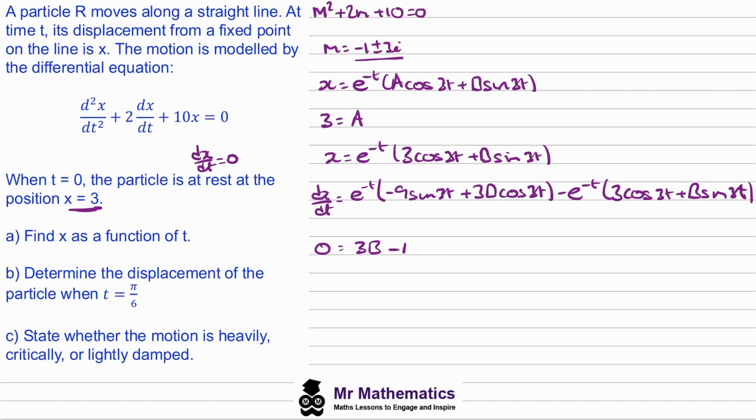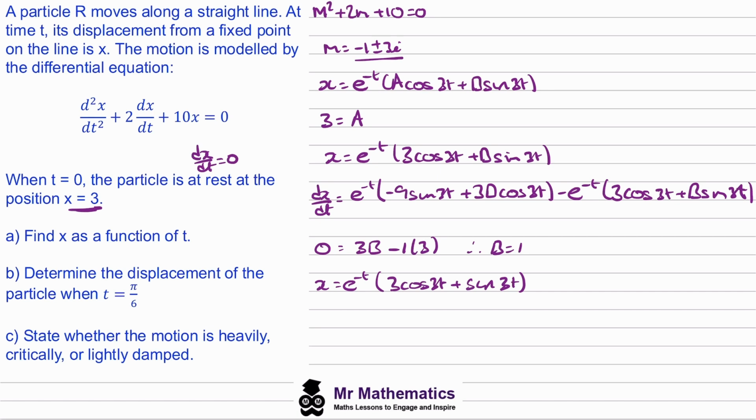The cos term is 1, the sine term is 0. So we'll just have negative 1 times 3. So therefore, 3b will equal 3, b will equal 1. So the displacement as a function of time will be 3 cos of 3t plus sine of 3t.